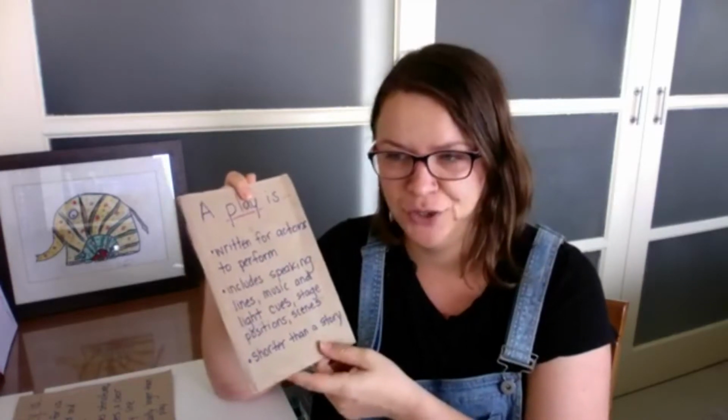And it's usually shorter than a story, okay? So when we talk about a play or a story, we use words like the scene or a plot. We also use the word location or settings. We also use the words characters and cast. And that's the difference between story vocabulary and play vocabulary.